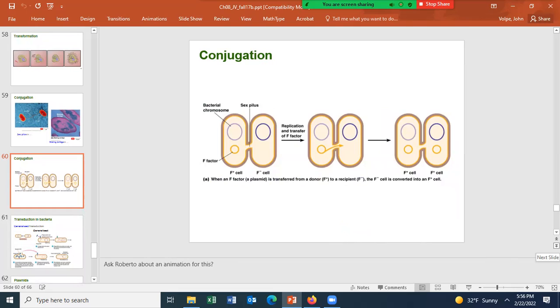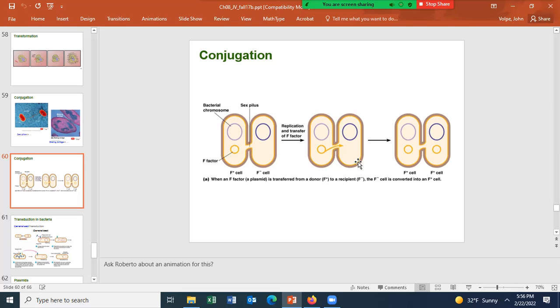In conjugation, the sex pilus skewers the F minus cell and then brings them together, although the cells didn't have to be this close. The sex pilus is hollow. And then this F plasmid makes a copy of itself and then sends a copy through the sex pilus to the F minus cell.